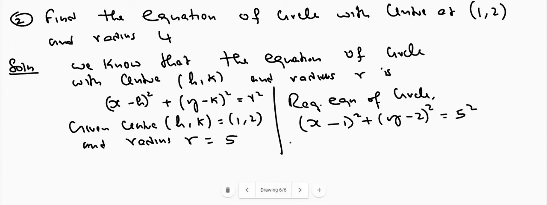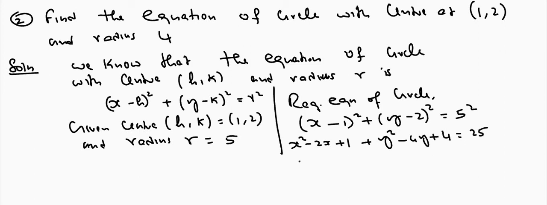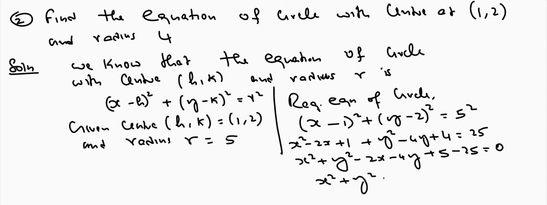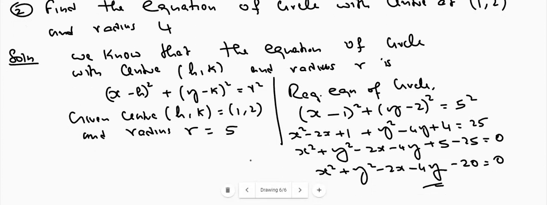Just expanding the LHS, we get x square minus 2x plus 1 plus y square minus 4y plus 4 equals 25. We can write x square plus y square minus 2x minus 4y plus 5 minus 25 equal to 0. The required equation is x square plus y square minus 2x minus 4y, 4 plus 1 is 5, 5 minus 25 is minus 20, equal to 0. Okay, clear.